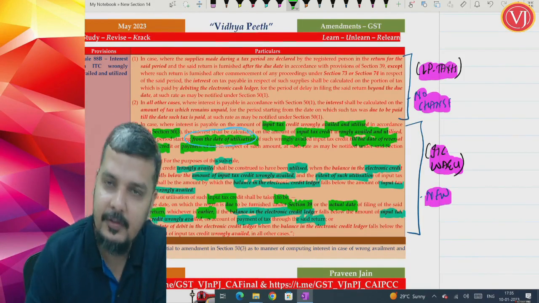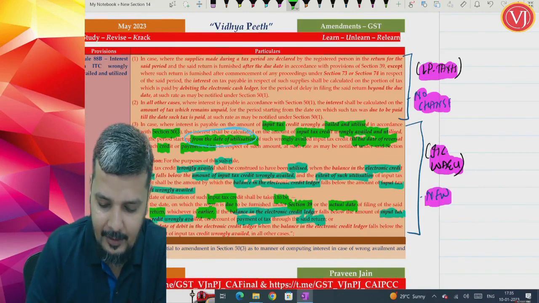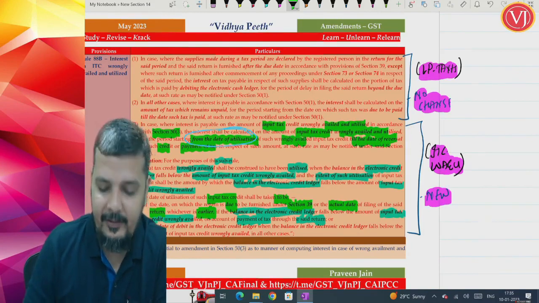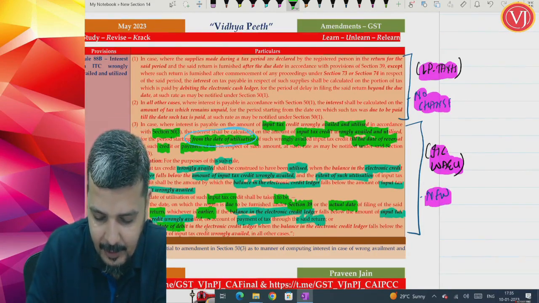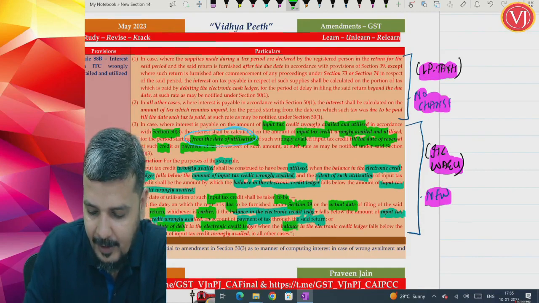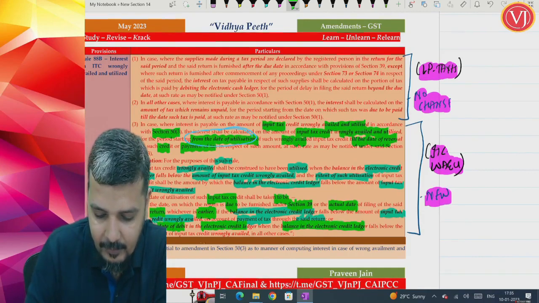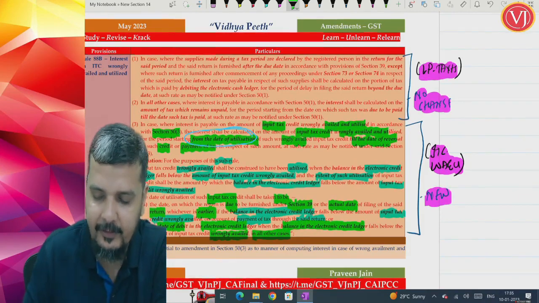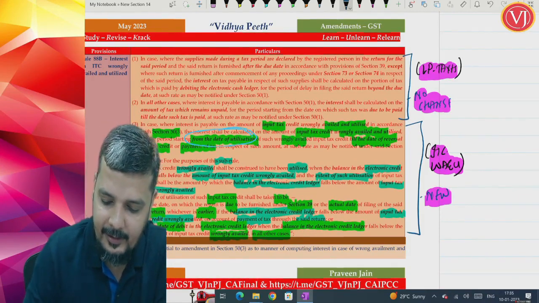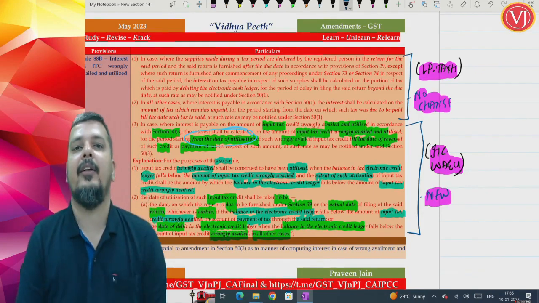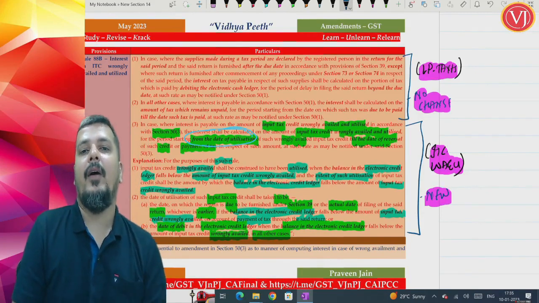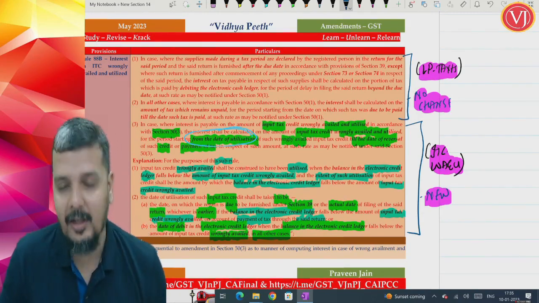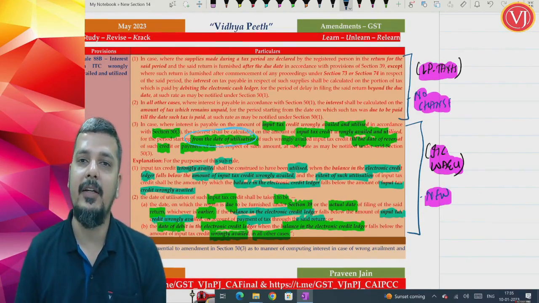If I am reversing the credit by DRC03 challan, then it is the date of debit in the electronic credit ledger when the balance in the electronic credit ledger falls below the input tax credit wrongly availed, in all other cases. When they talk about all other cases, it means a scenario where you are reversing the credit by DRC03 challan.